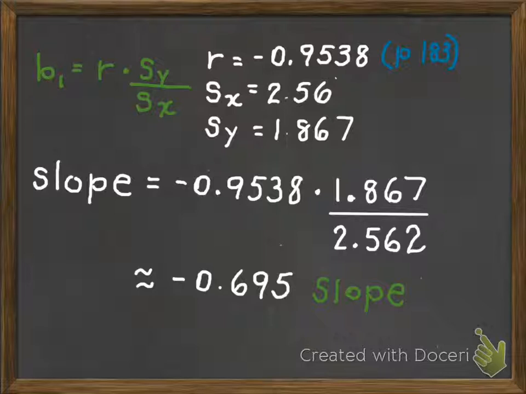So this is the slope of our least squares regression line. It's the x coefficient of our least squares regression line, when the regression line is written in the form of y cap is equal to slope times x plus some constant.